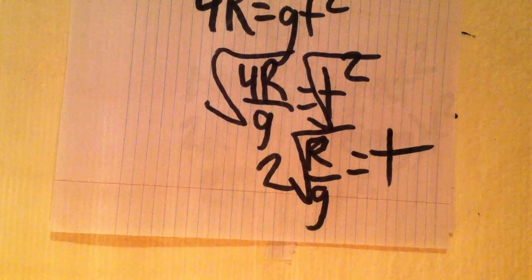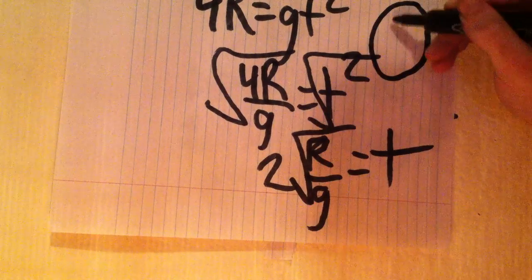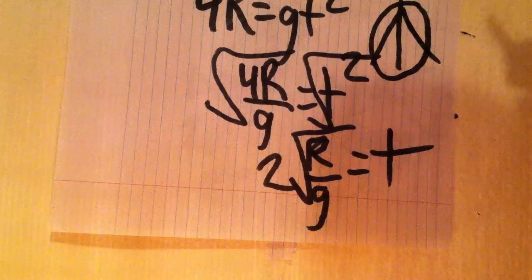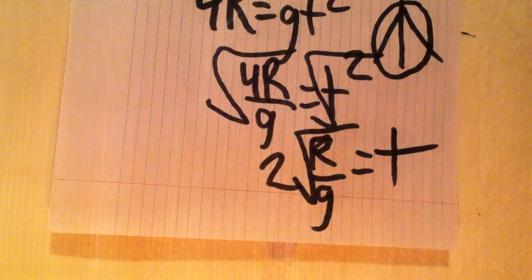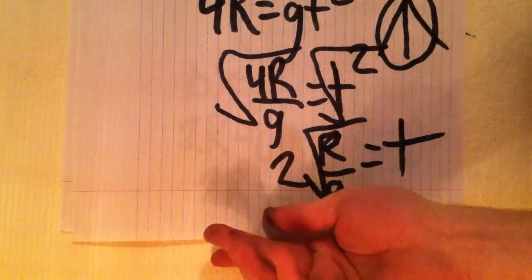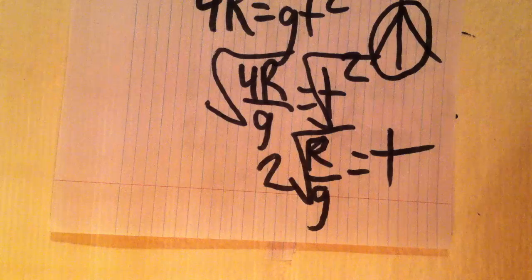So the time along any point in the circle for a bead to fall is that. It's irrelevant of the actual distances between P1 and P2. It just has to do with the radius of the circle and gravity.